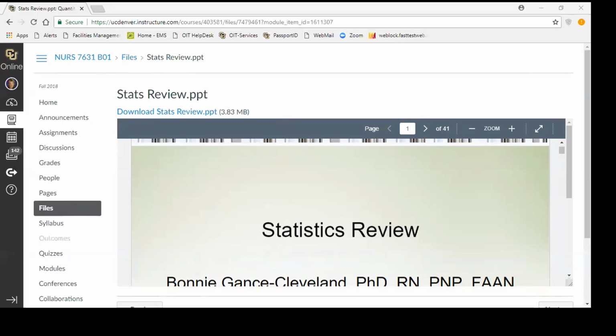A 0 is no relationship, and 1 is a one-to-one correlation, a positive relationship between those two. So as I go up one step in one variable, I'll go up one step in the other variable. And a positive correlation means there may be an effect, and a negative means no effect.